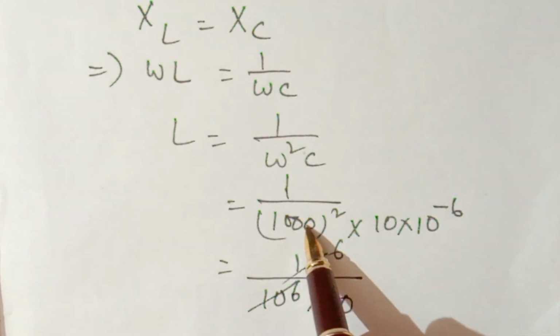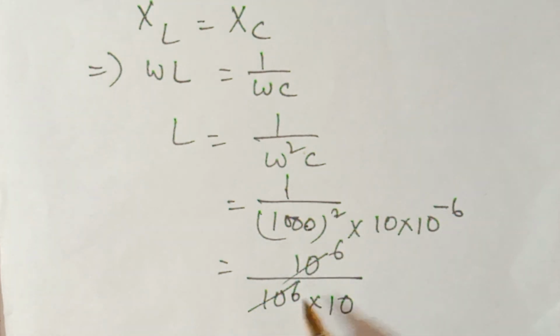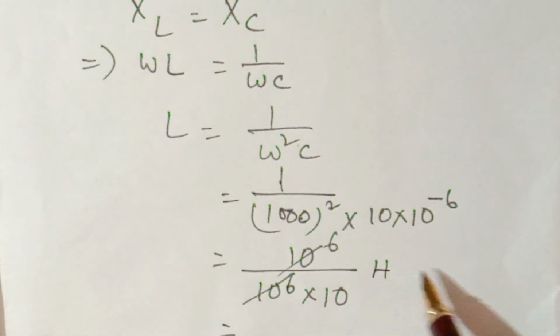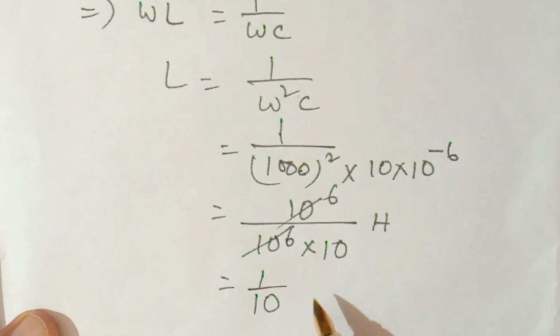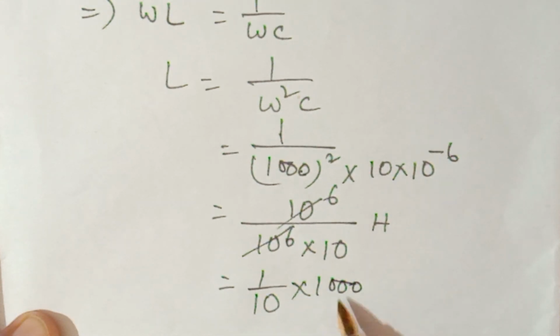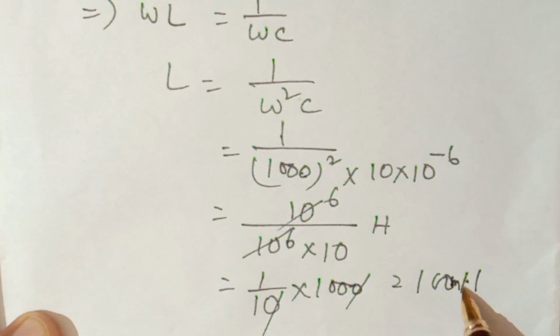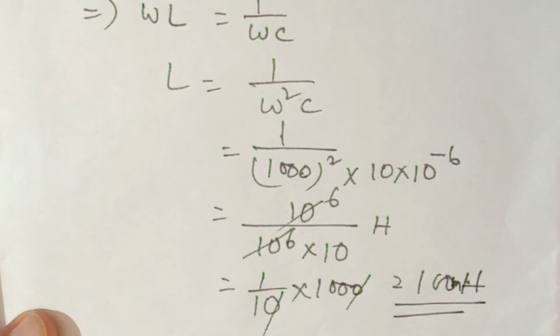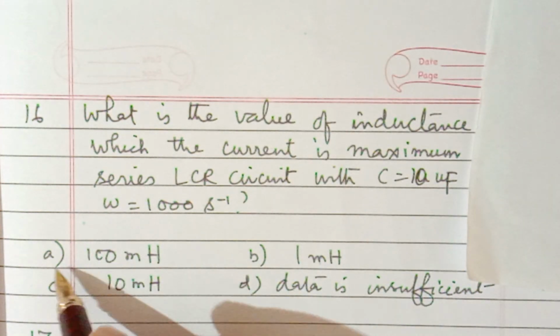So here 3 zeros are there, so 3 zeros squared, that means you will get 10 to the power 6. Then this much Henry you will get. Then options are given in millihenries, so you multiply with 1000. Then 100 millihenry is the answer. So this option is correct.